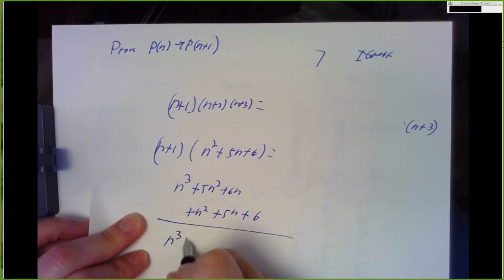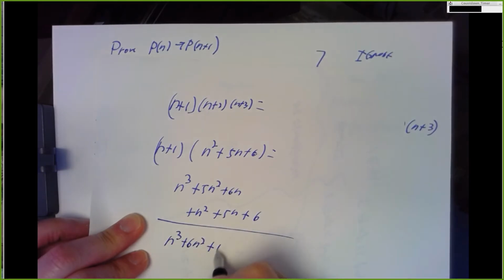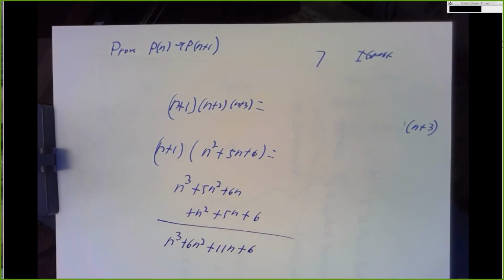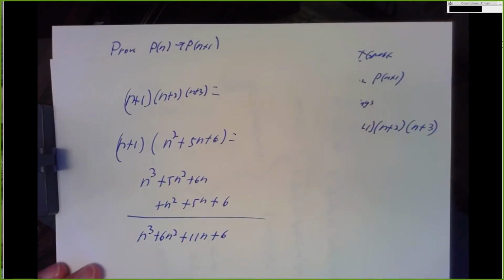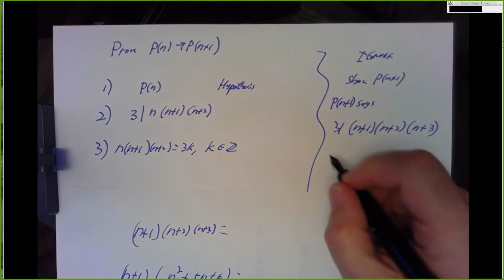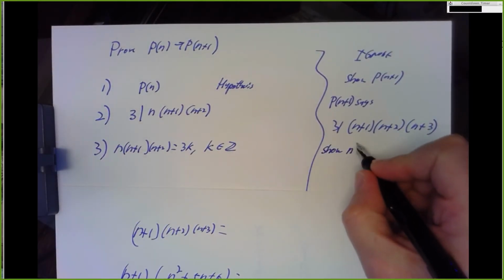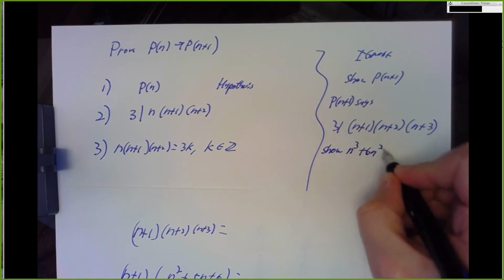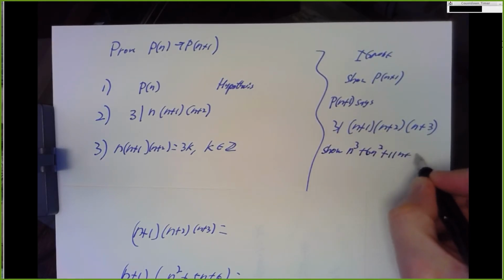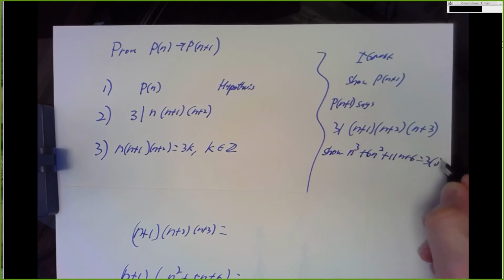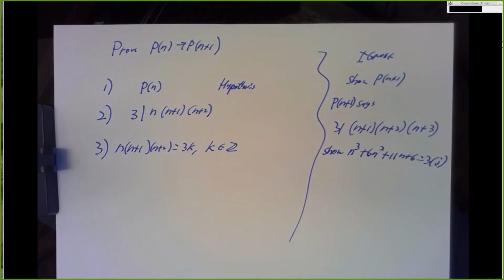So that's n cubed plus 6n squared plus 11n plus 6. This is the point where depression sinks in and we start to feel hopeless. Push through it. Okay. We got a lot of things we can write down here, and hopefully some of them are going to work together. So over here on my ignore side, I'm going to say show that n cubed plus 6n squared plus 11n plus 6 equals 3 times, I don't know, some other number j.